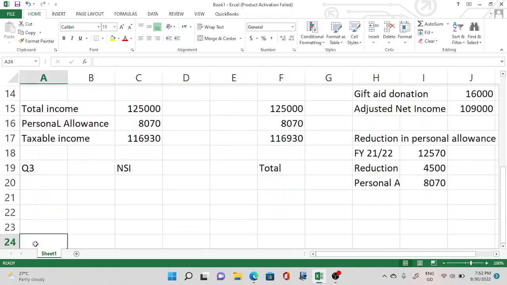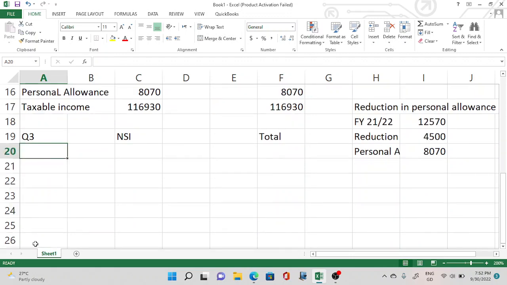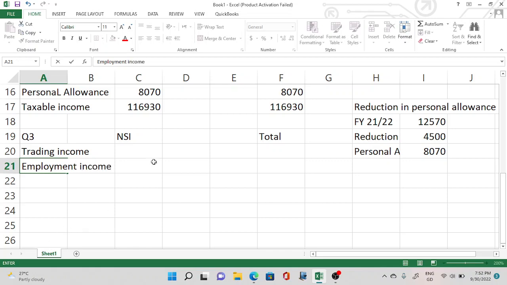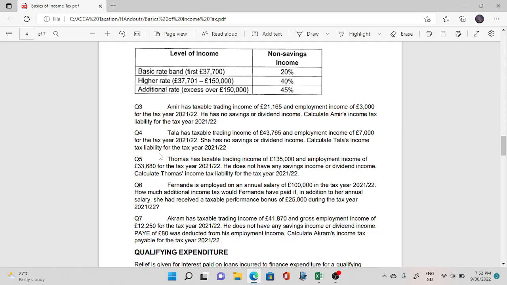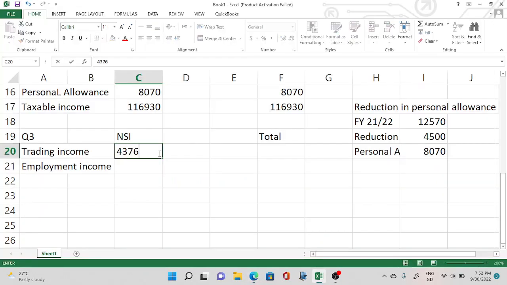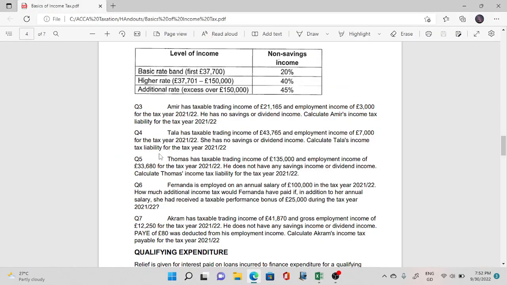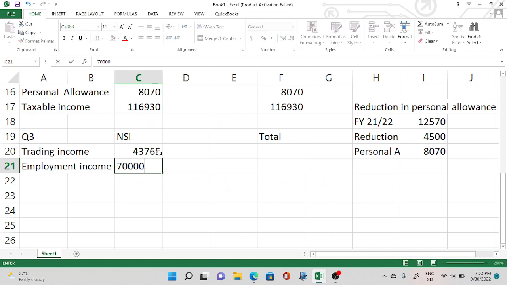All right, so let's do it here. What does he have? Trading income. Next, employment income. 43,765 and 7,000.